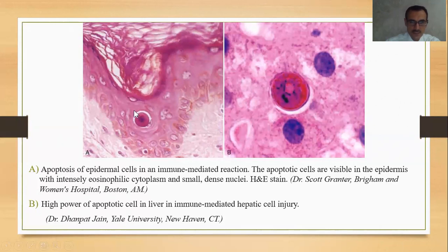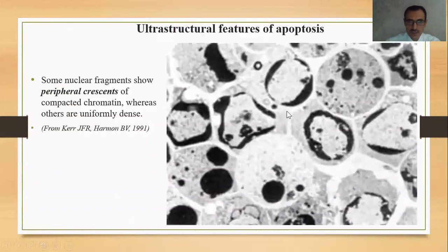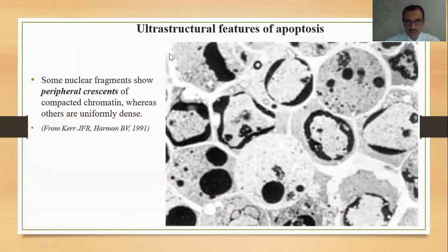The apoptotic cells are visible in the epidermis with intensely eosinophilic cytoplasm and small dense nuclei. And here is a high power view of an apoptotic cell in liver in immune-mediated hepatic cell injury. Ultrastructural features of apoptosis: some nuclear fragments show peripheral crescents of compact chromatin, whereas others are uniformly dense.